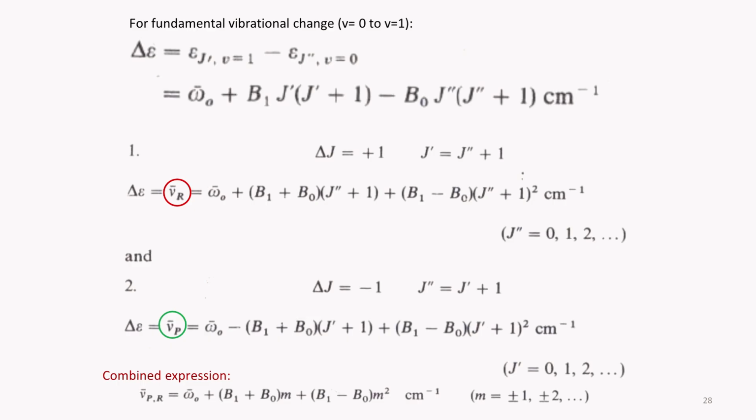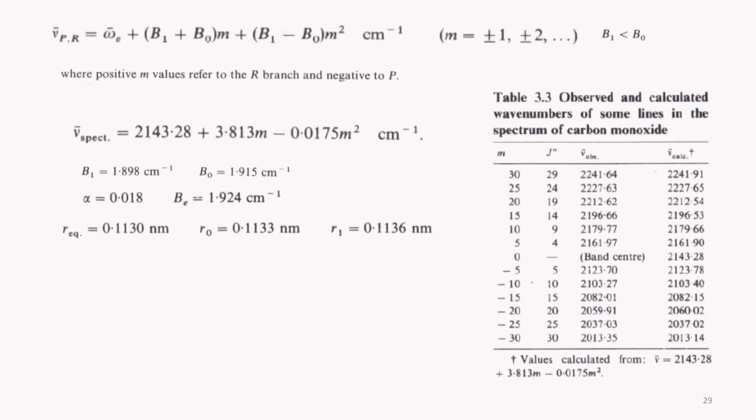Think of B1 equal to B0: the Born-Oppenheimer approximation is valid, and there is no change of rotational constant with the vibrational energy level. B1 equal to B0 means this term vanishes, and then it becomes 2Bm. Now this combined expression will allow you to explain the spectrum.